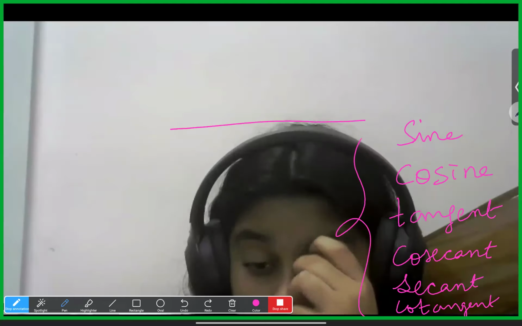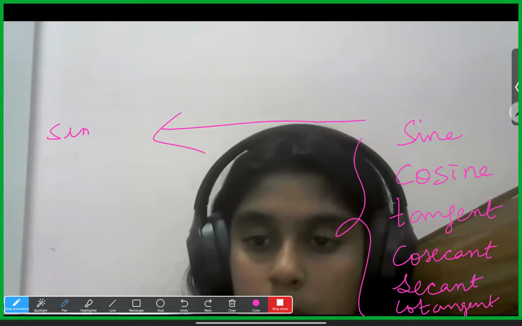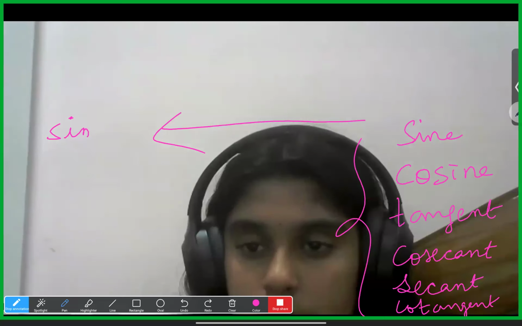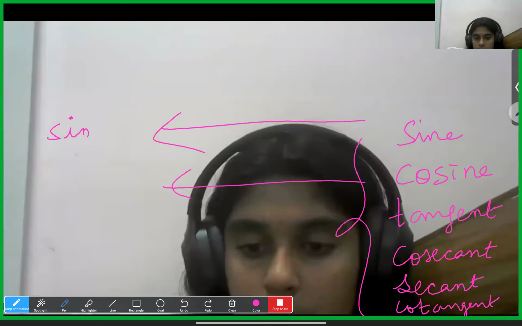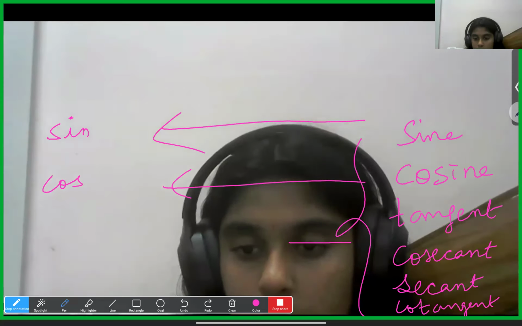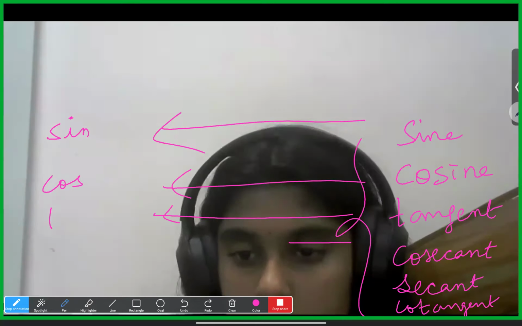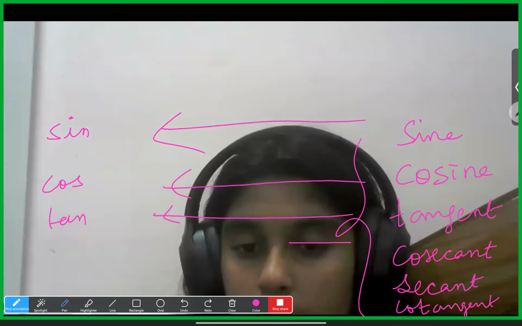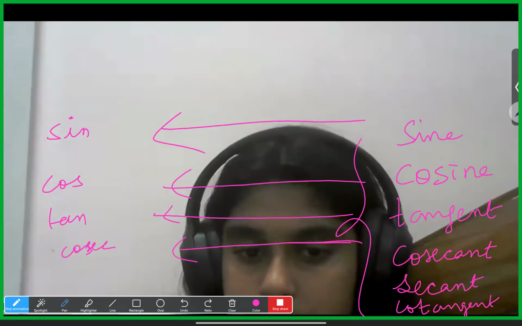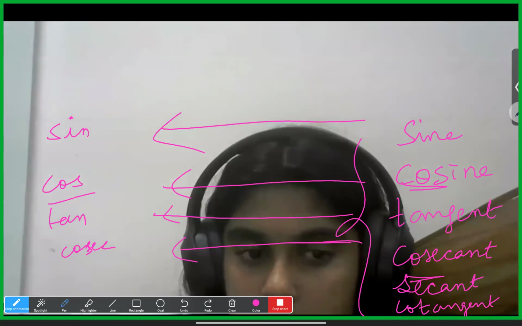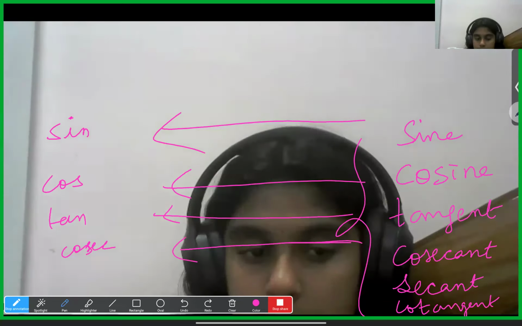Most of the time we use the first 3 letters for all of them. Sine, then cos, then tan, then cosecant. Here we use the first 5 letters, because cos only would mismatch. Yes, sir. So because of that.